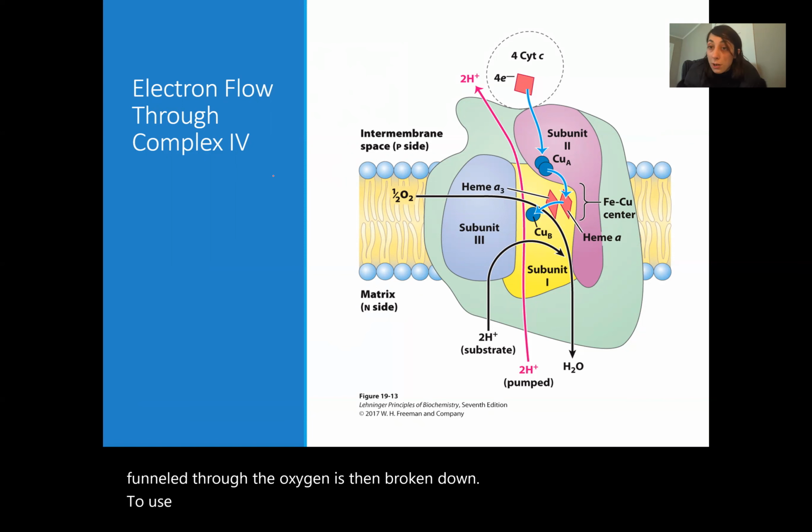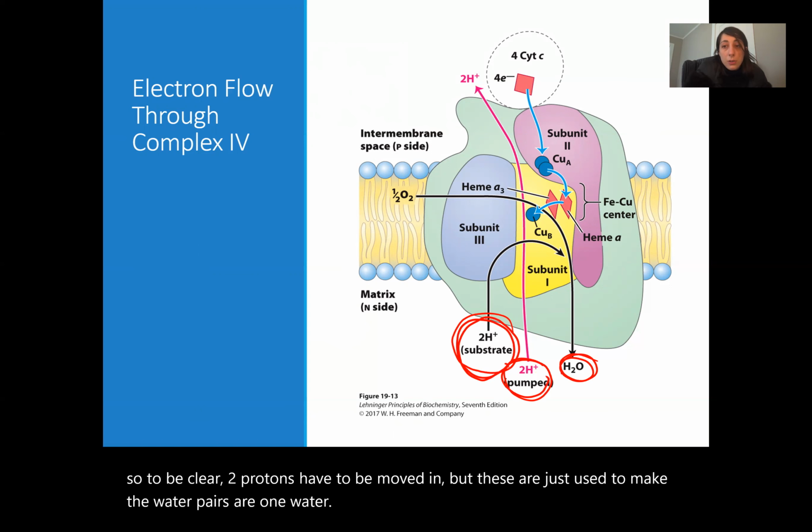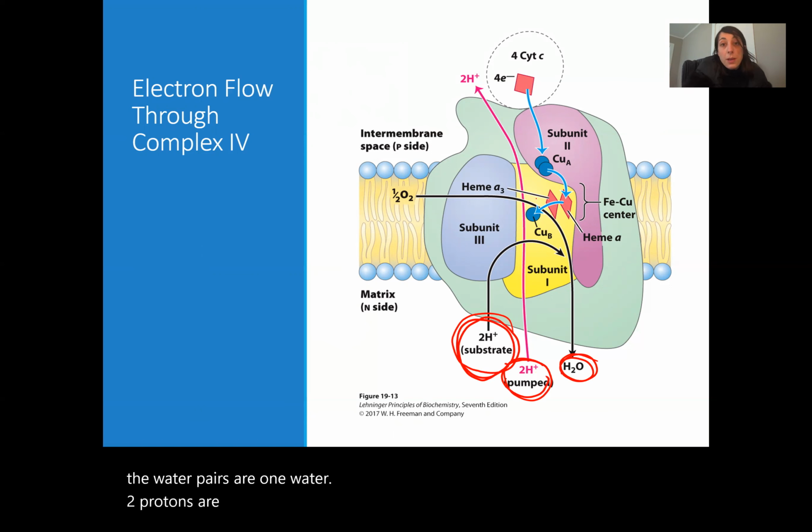Now, to make water out of oxygen, we need protons. So to be clear, 2 protons have to be moved in, but these are just used to make the water. Here's our 1 water. 2 protons are also pumped all the way through during the process to create our gradient.